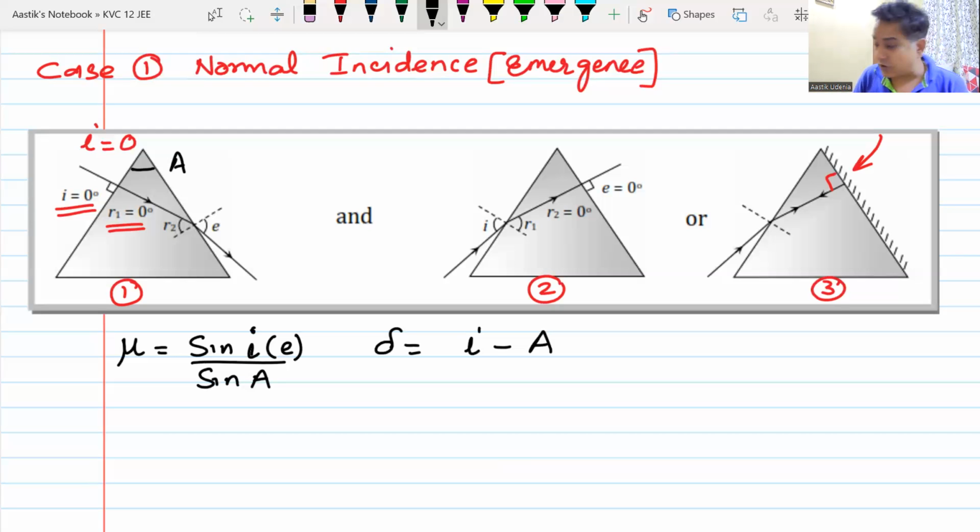This was the case of normal incidence or normal emergence, where the angle of incidence or angle of emergence, one of them, is equal to 0.